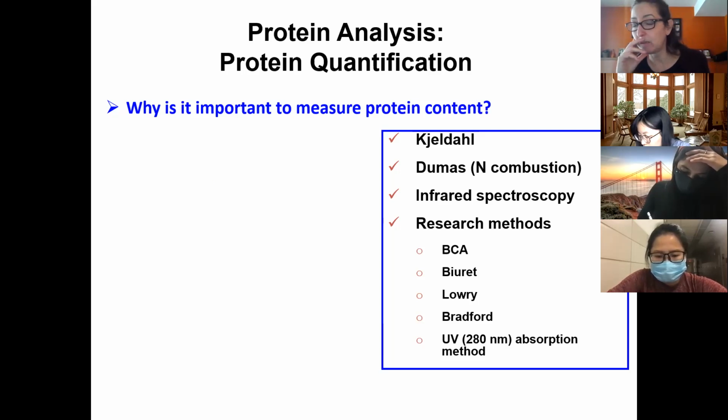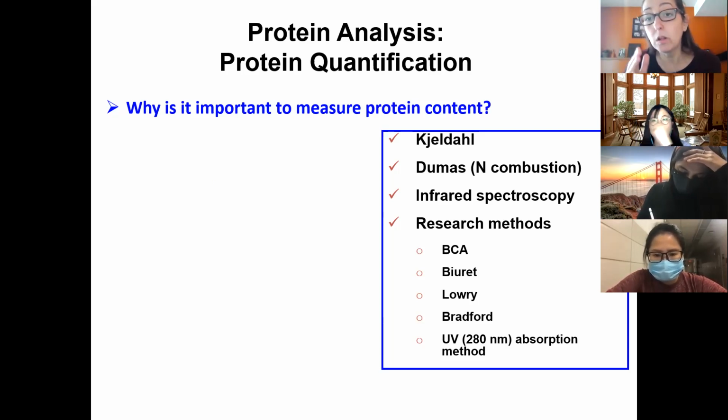Bradford is an assay based on dye binding. Dye binds with the protein to give you a color. And then UV absorption is very simple. If you have a really pure protein and you just want to look at concentration and you know that you don't have any other interfering substances that may absorb at 280, you can also measure the protein.